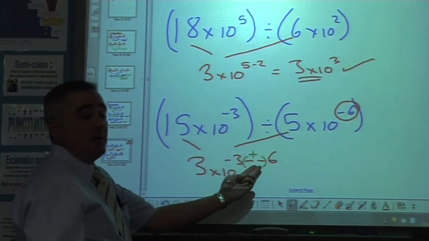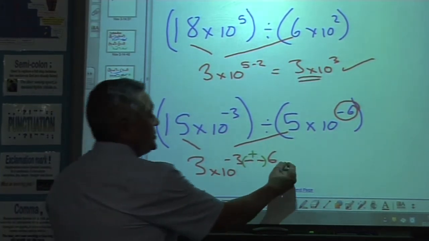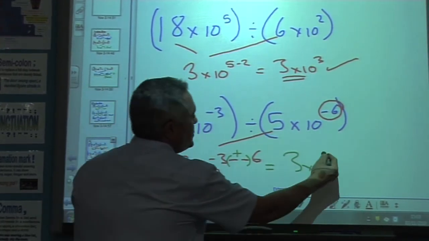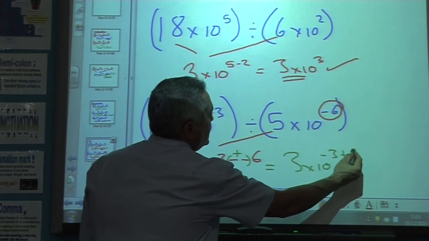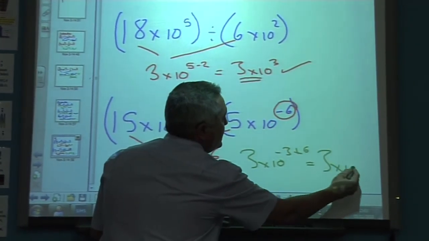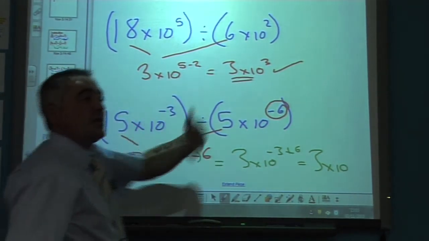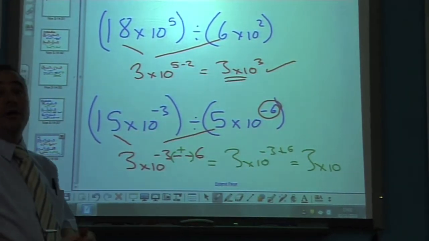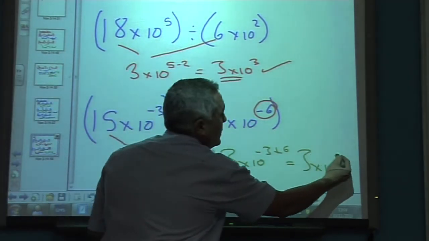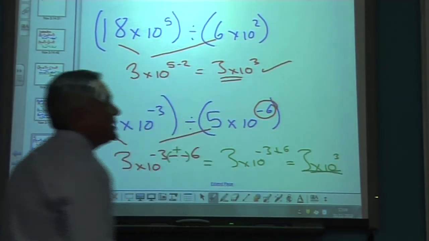When the signs are the same, the answer will be positive. So I'm going to have 3 times 10 minus 3 plus 6, which is going to give me 3 times 10 minus 6, add on 3, is it going to get warmer or colder? It's going to go warmer, the temperature is going to rise, so it's going to be 3 times 10 to the power of 3.